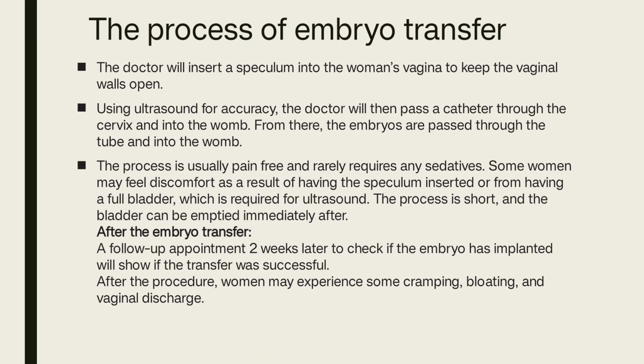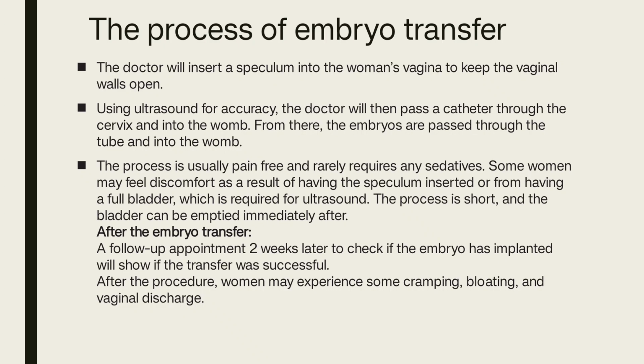The process is usually pain-free and rarely requires any sedatives. Some women may feel discomfort as a result of having the speculum inserted or from having a full bladder, which is required for ultrasound. The process is very short and the bladder can be emptied immediately after.